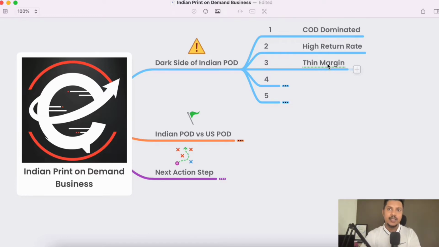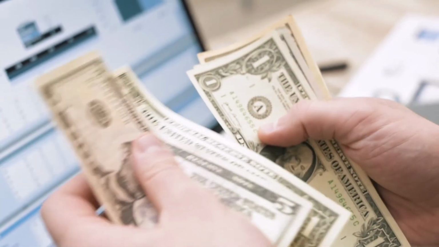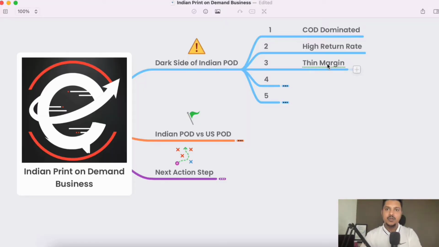The ideal selling price of a t-shirt is around 500, 600, or a maximum of 700 rupees. Within that profit margin, you need to bear the cost of Facebook ads, Shopify fees, and a lot of other charges. So it is a very thin margin.